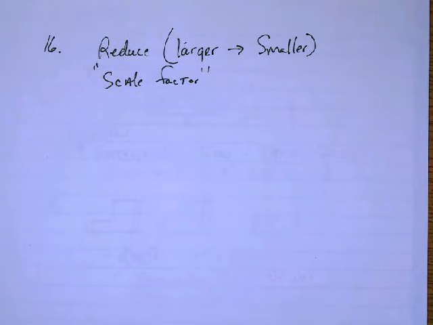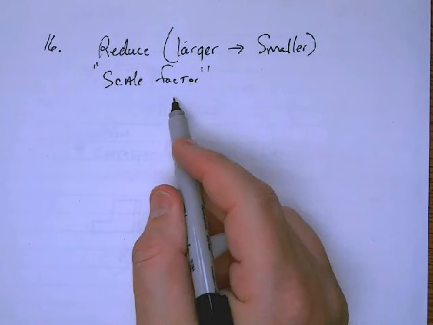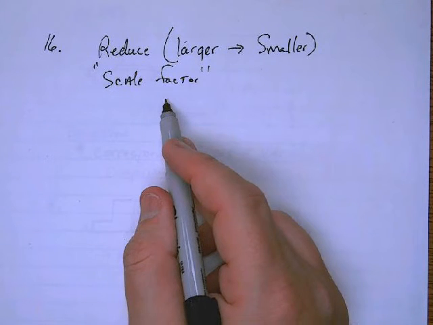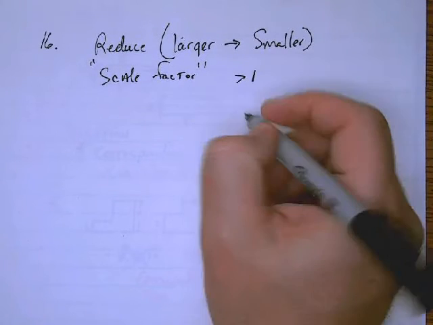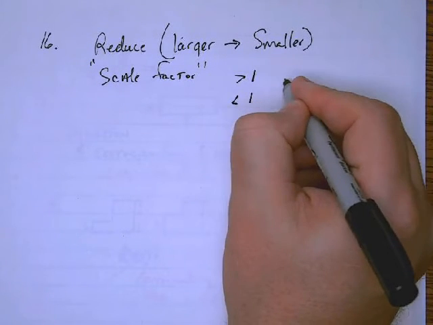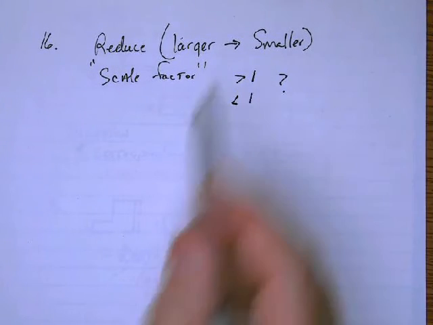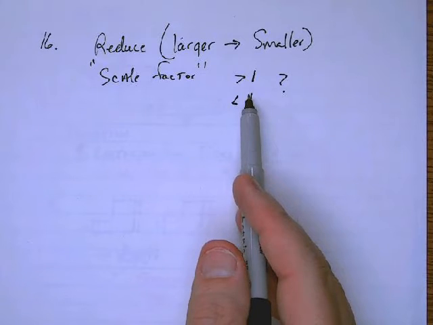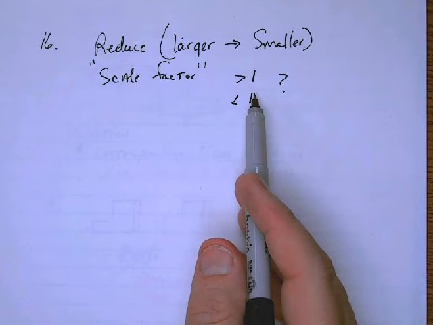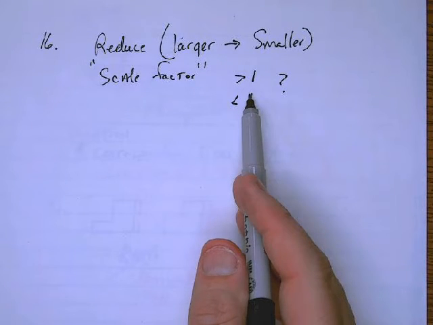And if we're going from larger to smaller, would that scale factor have to be greater than 1 or less than 1? Is it greater than 1 or less than 1? That's the question. Why do you say it's greater, Cassidy? Now think about that. I like what you're thinking. However, I think you got it backwards.